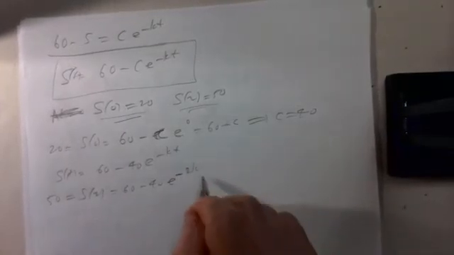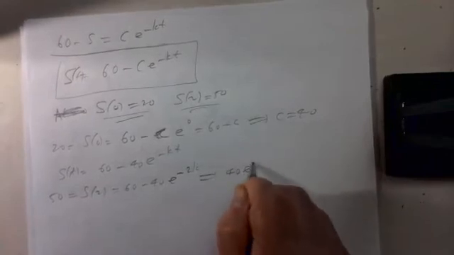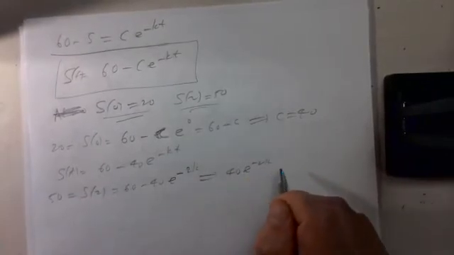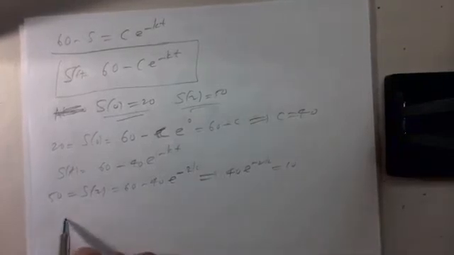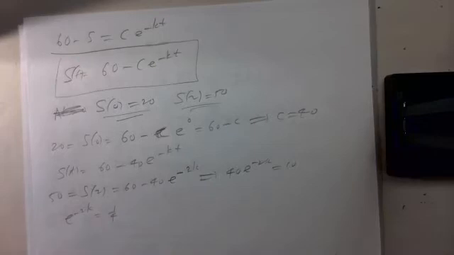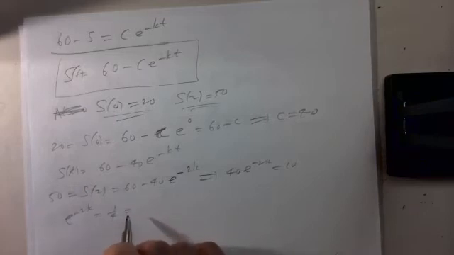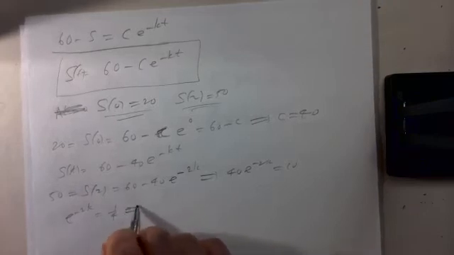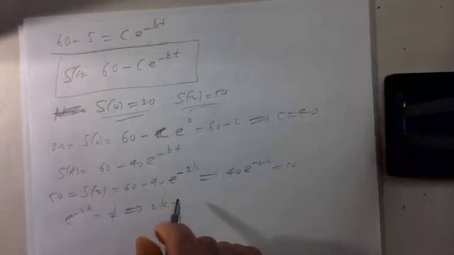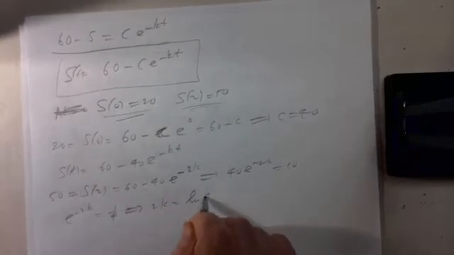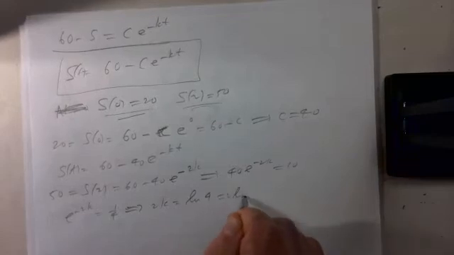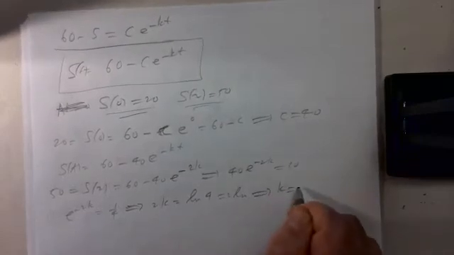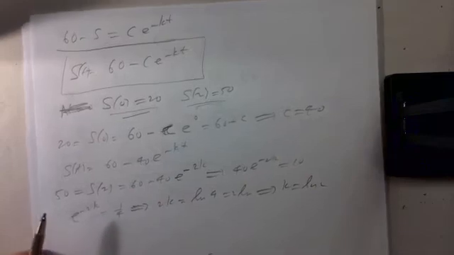So what that says is that 40 e to the minus 2k equals 10, or e to the minus 2k equals a fourth, which means 2k equals log 4, which is 2 log 2. So k is equal to log 2.